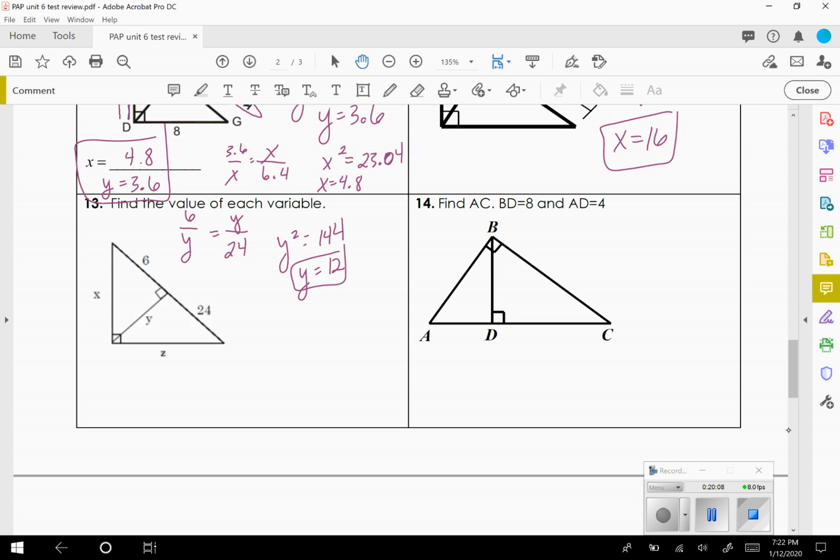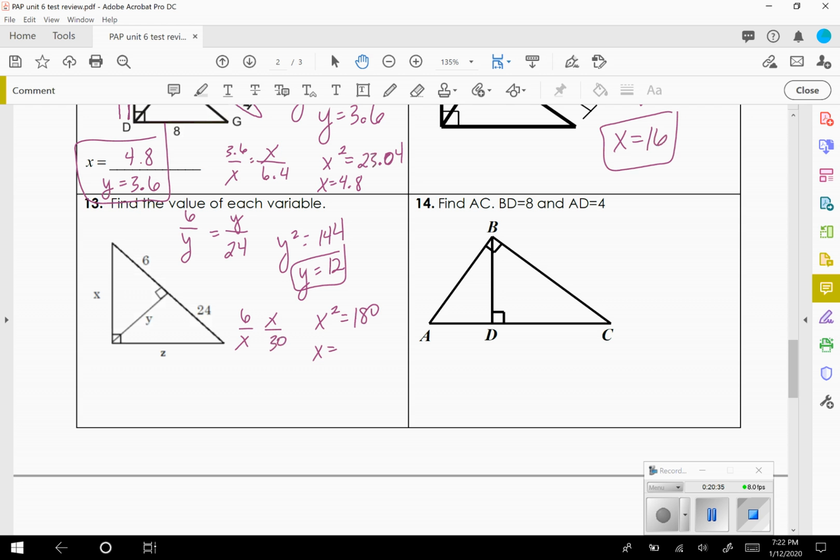Let's do x first. So we have our x's here. We have 6, and then 6 plus 24 is 30. So x squared is 180. Okay, and then 180 is not a perfect square, so we're going to have to simplify this.